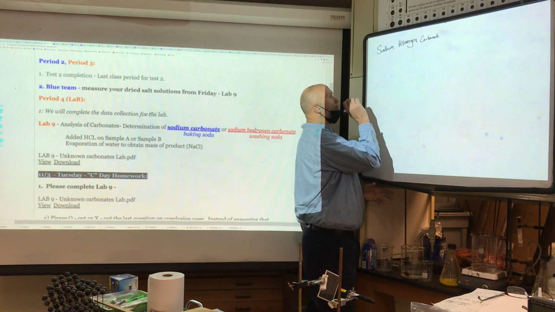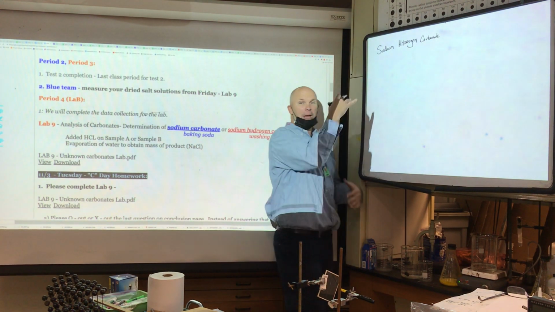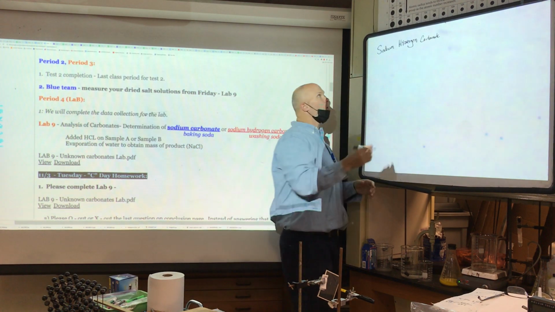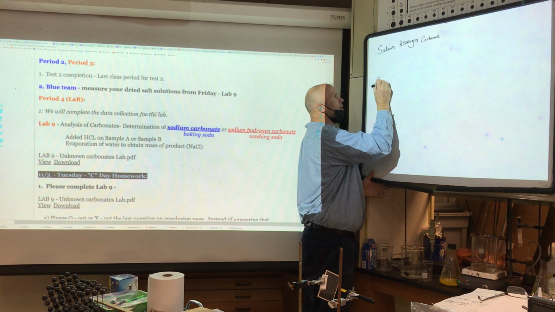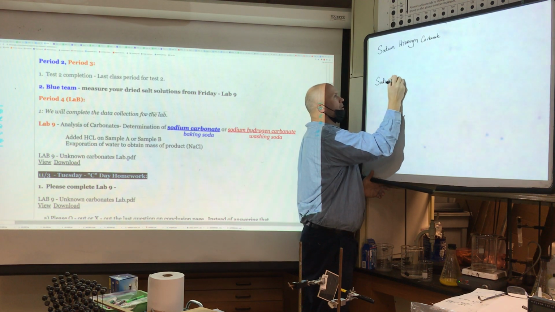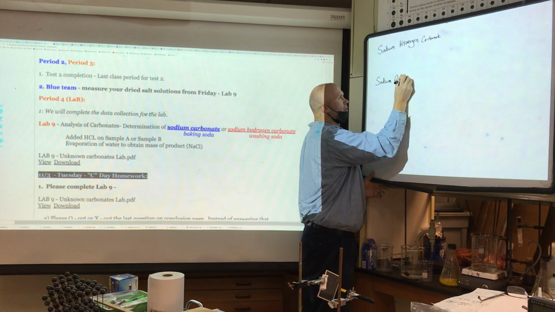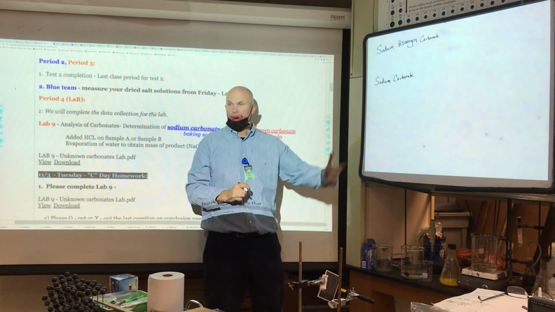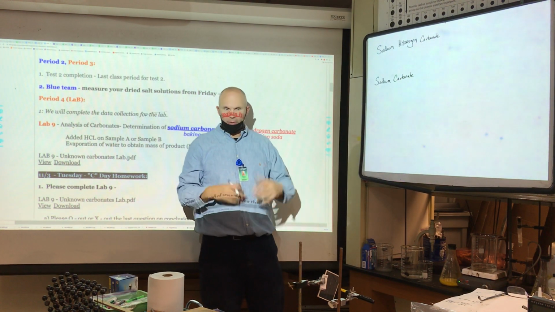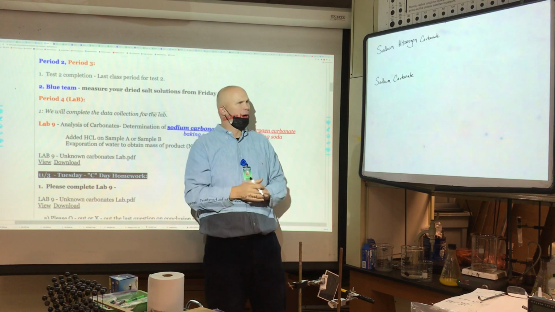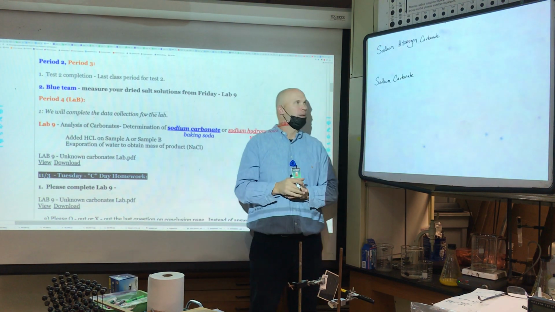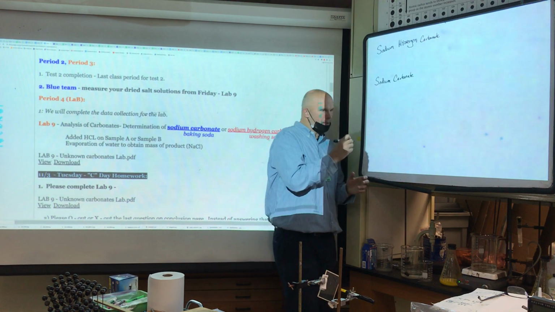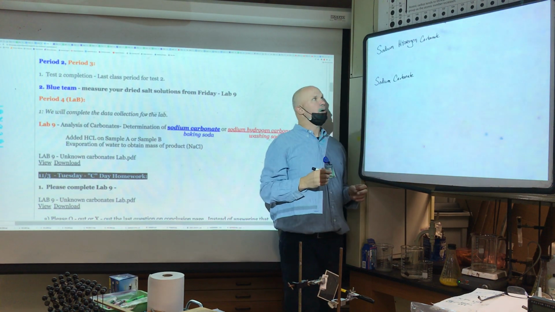So you're either going to have sample A or B could either be sodium hydrogen carbonate, baking soda, or you can have sodium carbonate, which is called washing soda. You can actually buy that in the laundry aisle of Stop and Shop or wherever you shop, okay? And you can buy washing soda, and if you look at the chemical, it's sodium carbonate, okay?